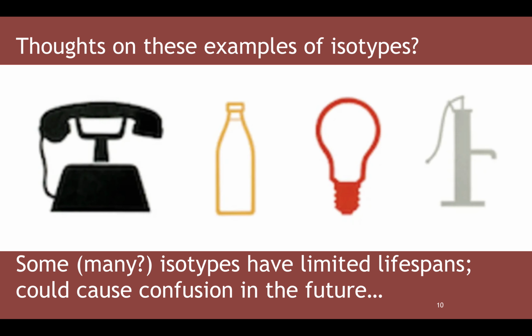People born these days, the digital natives as they call them, would have a hard time, unless they're visiting their grandparents' place, ever having cause to see one of the old school rotary telephones on the far left. As a result, as generationally we pass slowly but surely from past into the future, some icons that represent something currently may have no bearing in the future. As a result, isotypes that are supposed to be international and universal may not be so much.